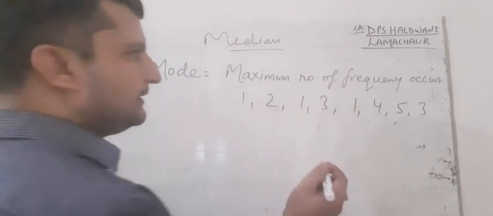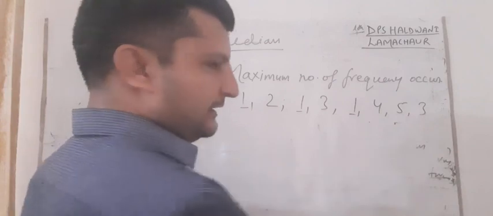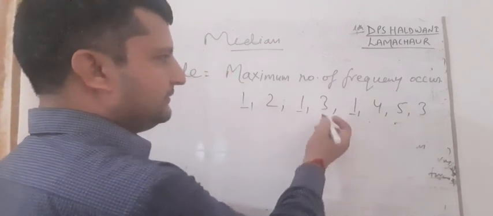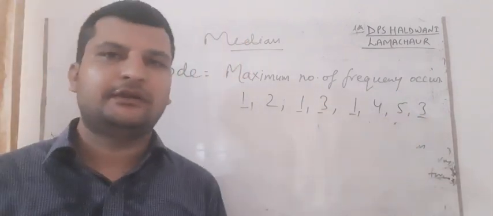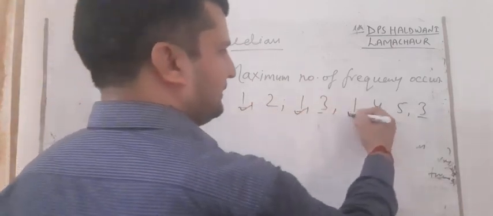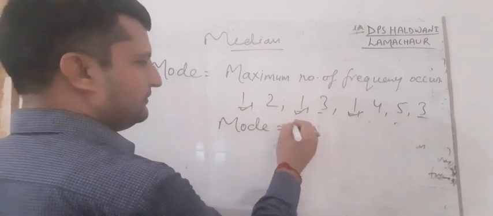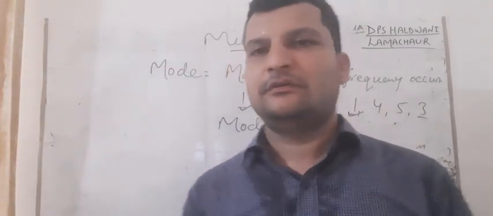So we can observe here: 1 is coming 3 times. 2 is coming only 1 time. 3 is coming 2 times. 4 is coming 1 time, and 5 is coming 1 time. So the maximum frequency is of 1. So you can write: mode is equal to 1.